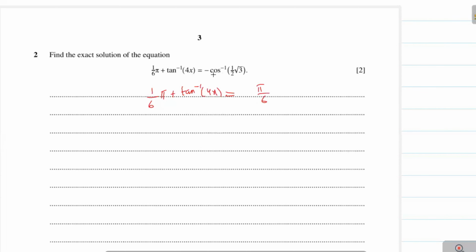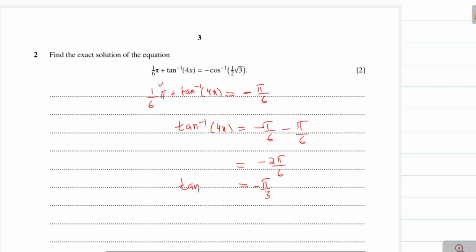Now we write minus pi over 6 and shift this pi over 6 from left to right side. Therefore, tan inverse 4x will be equal to minus pi over 6 minus pi over 6, which is minus 2 pi over 6, and we can write it as minus pi over 3.